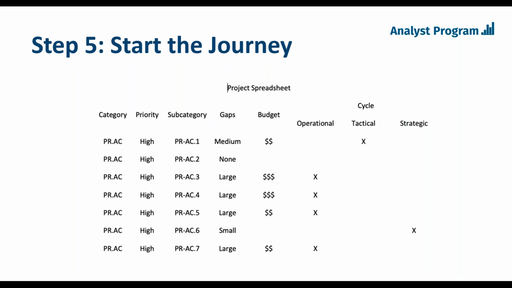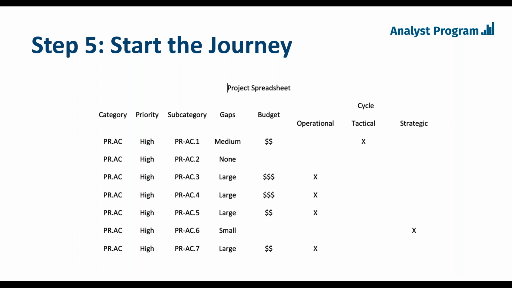A way to look at this in starting the journey is you can take your categories, and these are the shorthand from the NIST CSF. You know what's high, medium, and low priority. You can look at the subcategories, which in this case are access control.